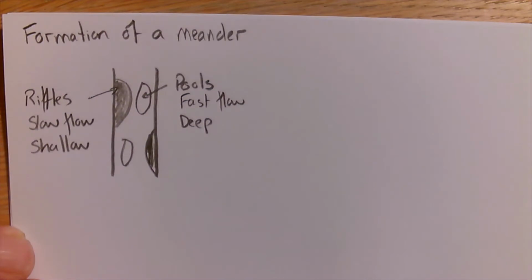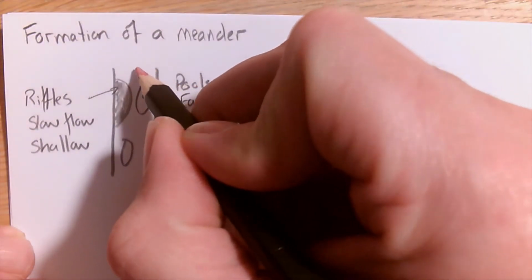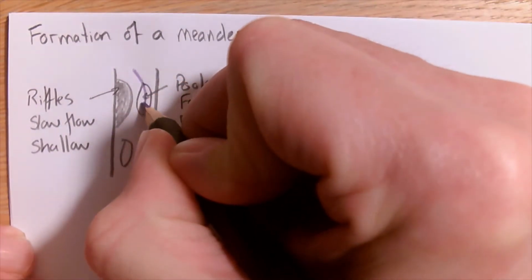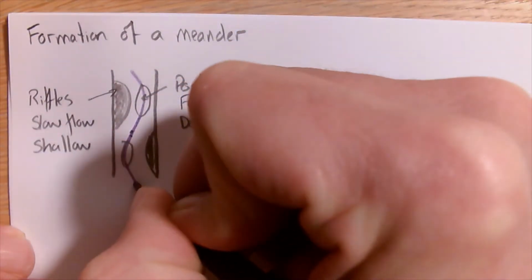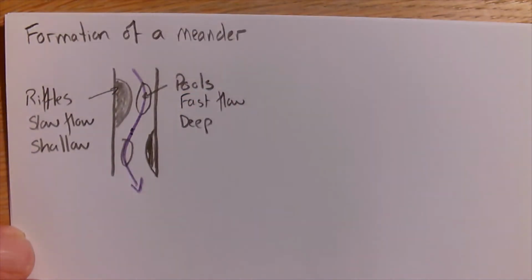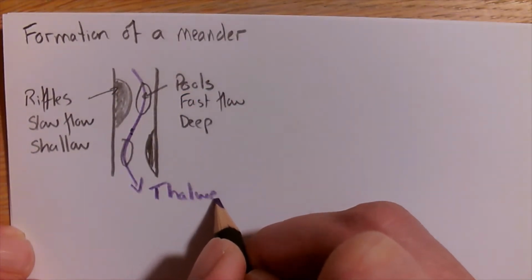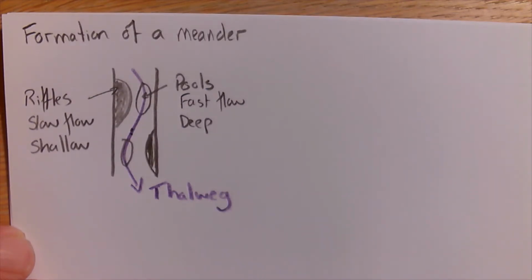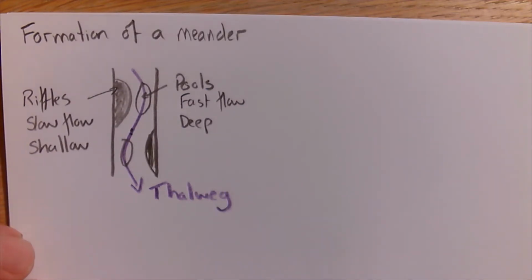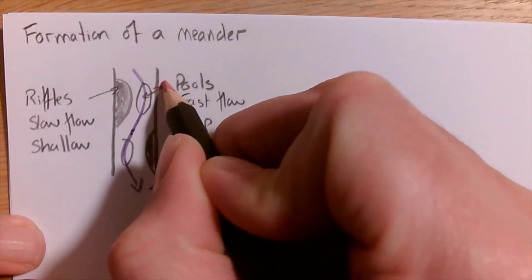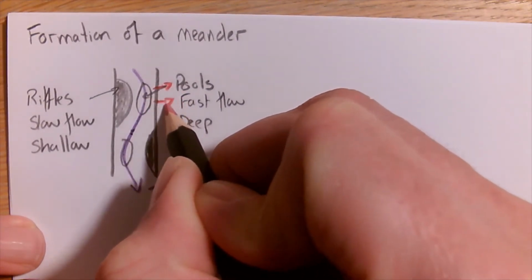Now, the faster flowing water creates a line of fastest flow through the channel in this way. And this line of fastest flow is called the thalweg. Now, where that fastest flow comes into contact with the banks, it will start to erode those banks.